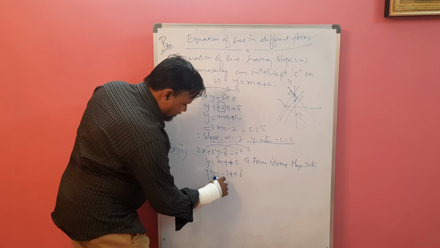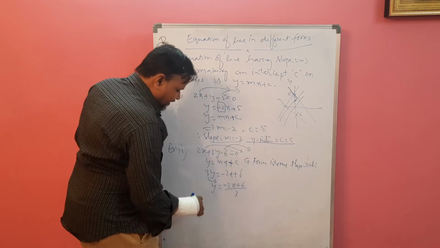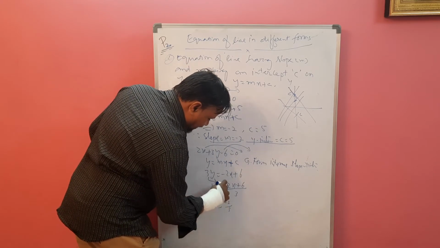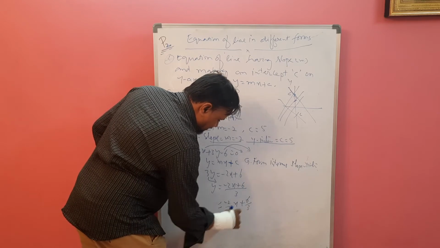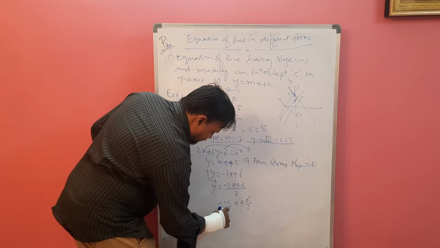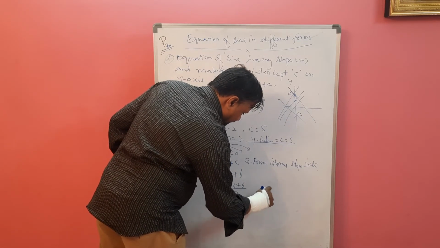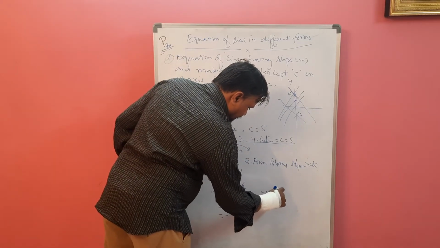We know that this is minus 2x plus 6 divided by 3. So this is nothing but minus 2 by 3 x, we can write separately, plus 6 by 3. Again we can simplify it: minus 2 by 3 x as it is, and here it is divided, you will get 2.